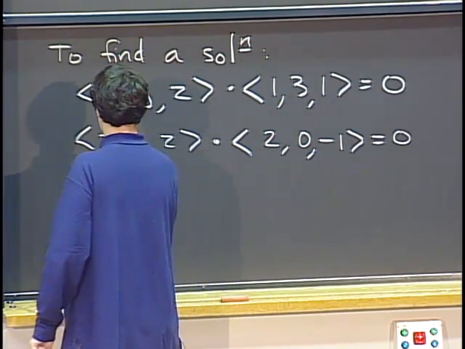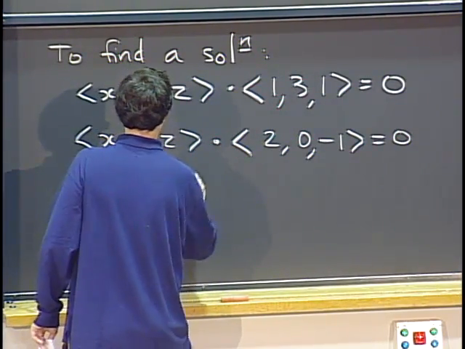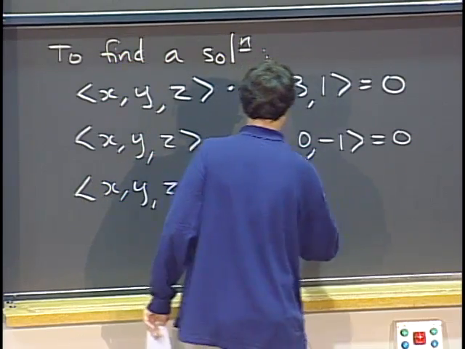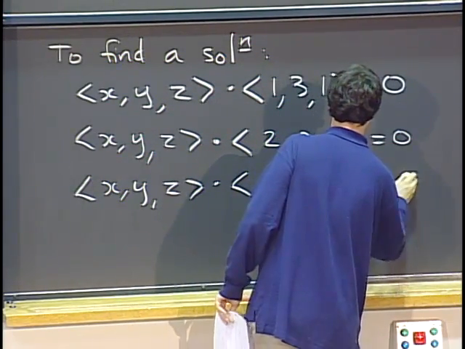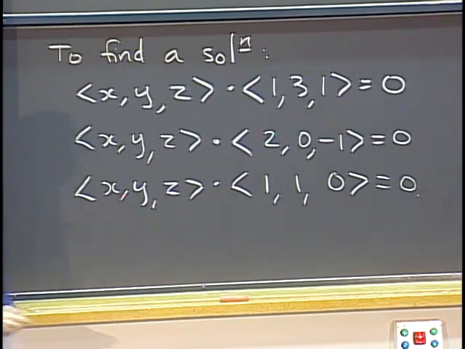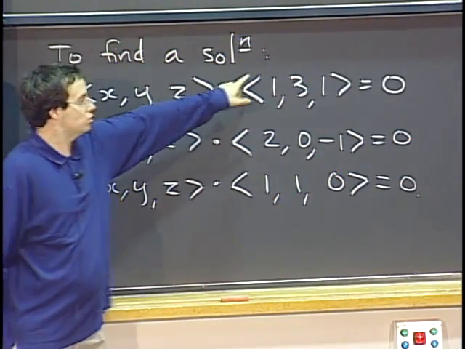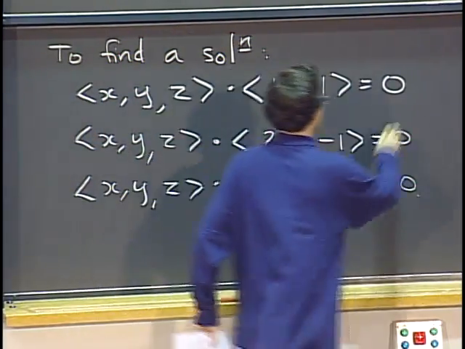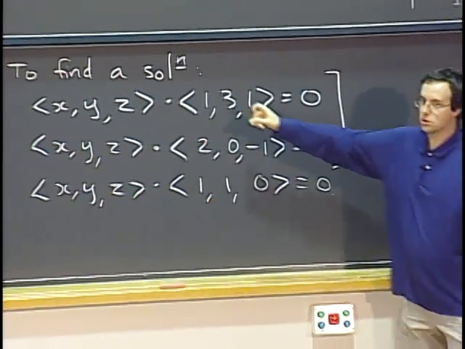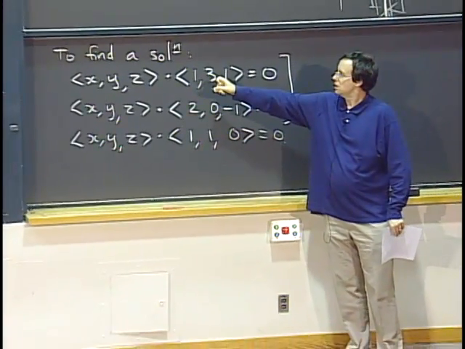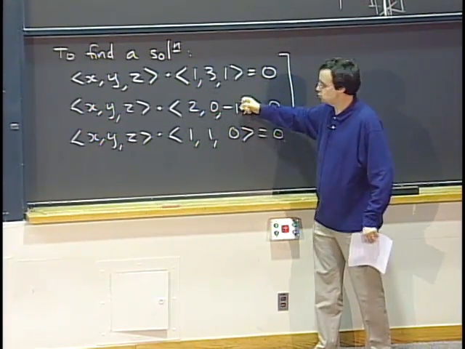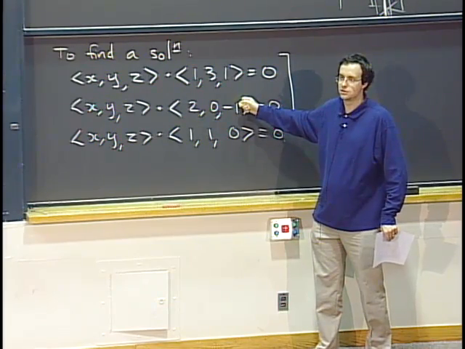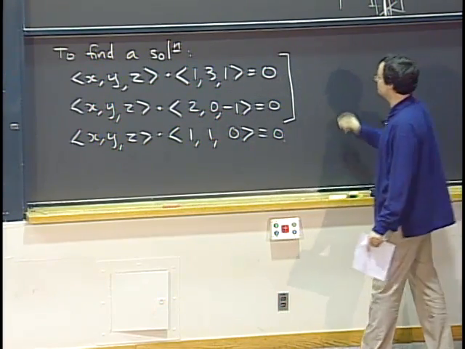And the third equation, if we really want to keep it, says we should be also having this. Now, these equations, written like this, are just saying we want an xyz that's perpendicular to these vectors. So let's forget this one, and let's just look at these two. They're saying we want a vector that's perpendicular to these two given vectors. How do we find that? We do the cross product.